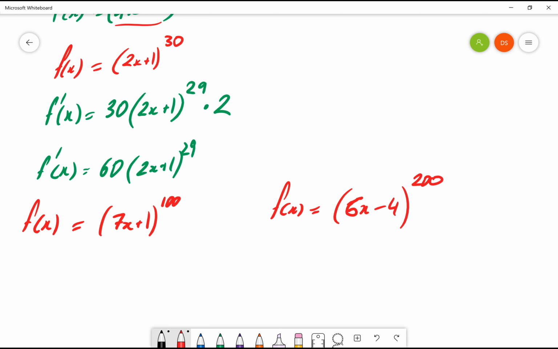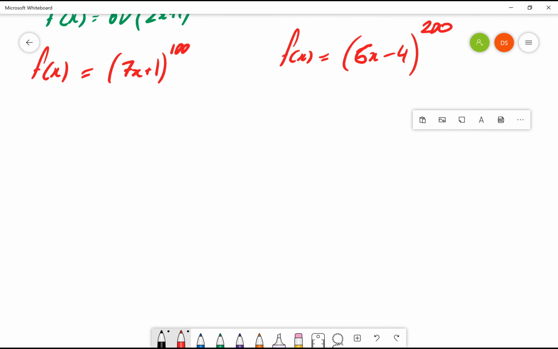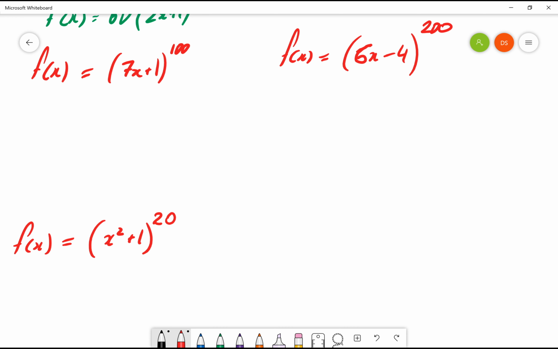And if you can, what about something slightly harder? What can you do? Give it a go.